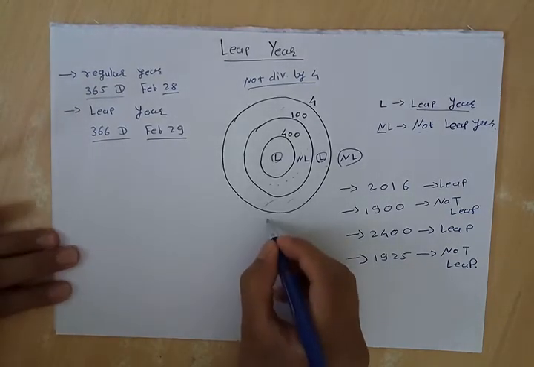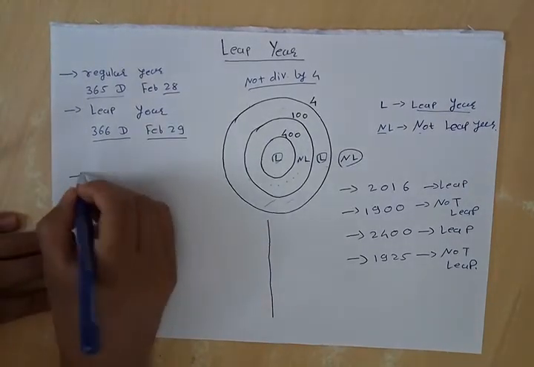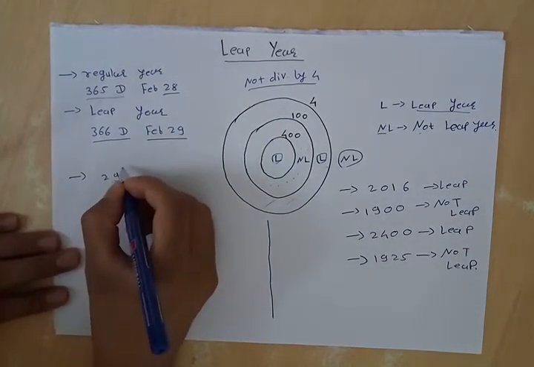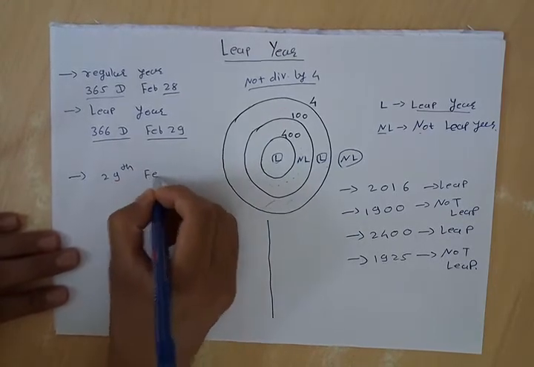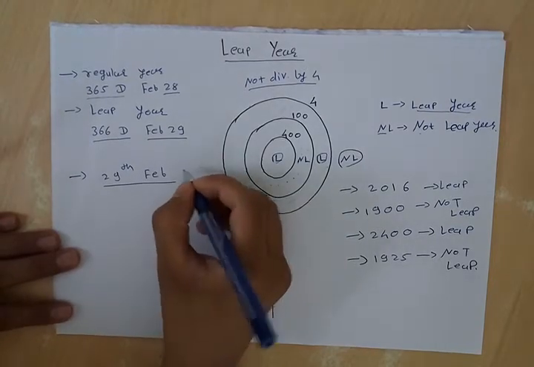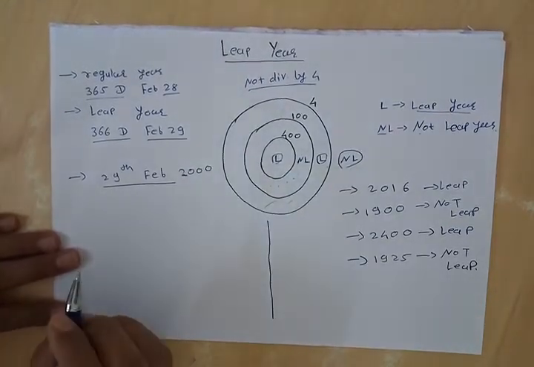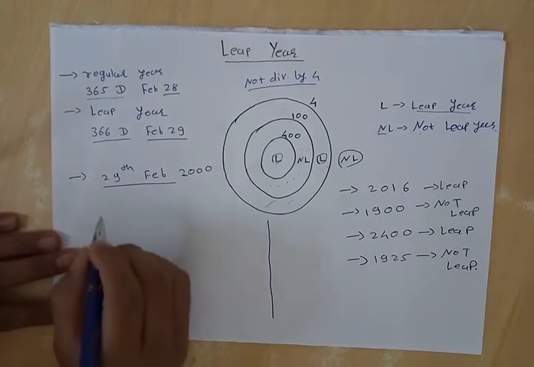Now I will explain an interesting fact about leap years. Let us say your friend has a birthday on 29th of February, and he was born in the year 2000.